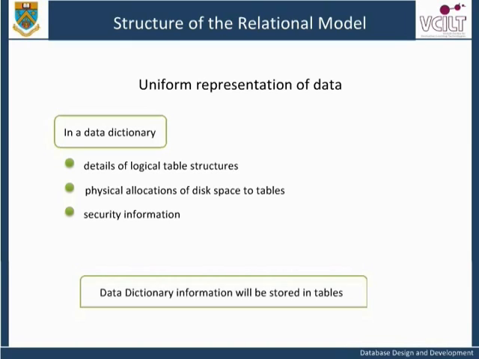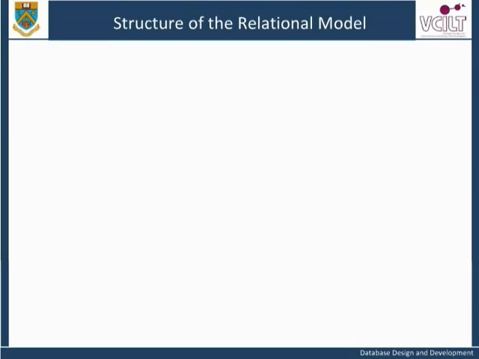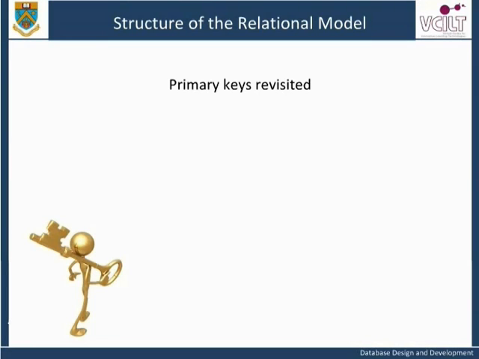This consistency of data representation means that the same approach for data querying and manipulation can be applied throughout the system. Now, let's see a brief description on primary keys.